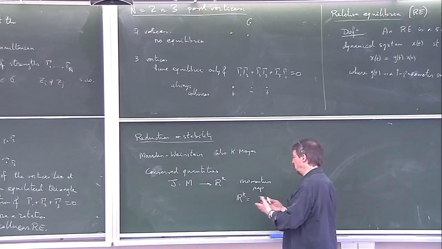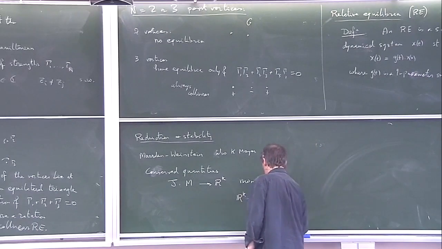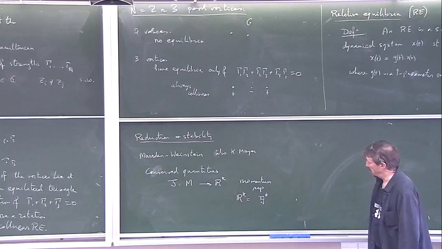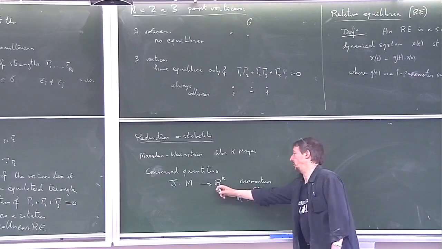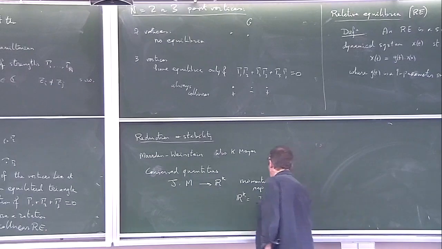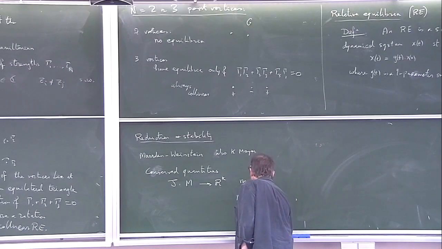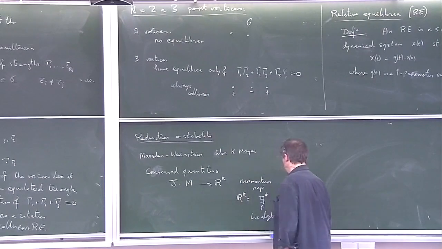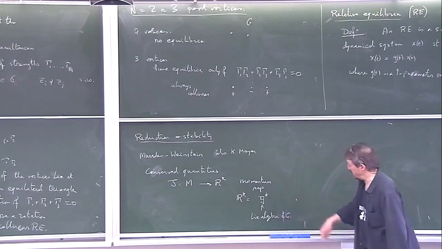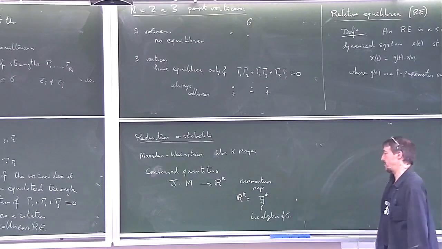So that means it's dual. The correct interpretation of what R^k is, is the dual of the Lie algebra. So the g here is the Lie algebra, and this is the dual space.